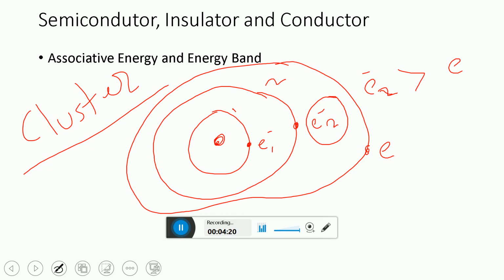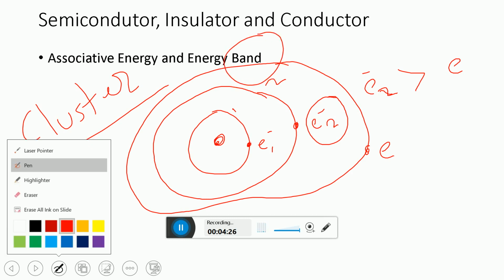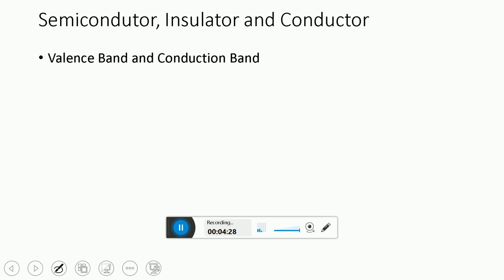So the energy band represents a band of energy. We have mainly two bands: the valence band and the conduction band.